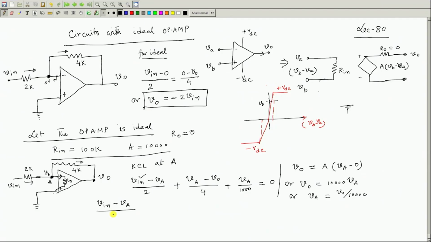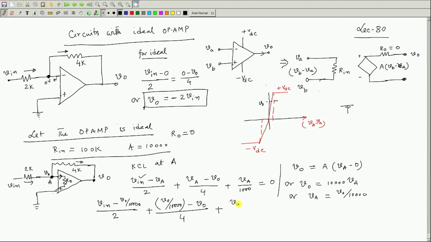So, V in by 2, and for VA I will substitute. V naught by 10,000 here, plus V naught by 10,000 here, I have assumed the gain to be like that, minus V naught by 4 second term, plus once again VA.